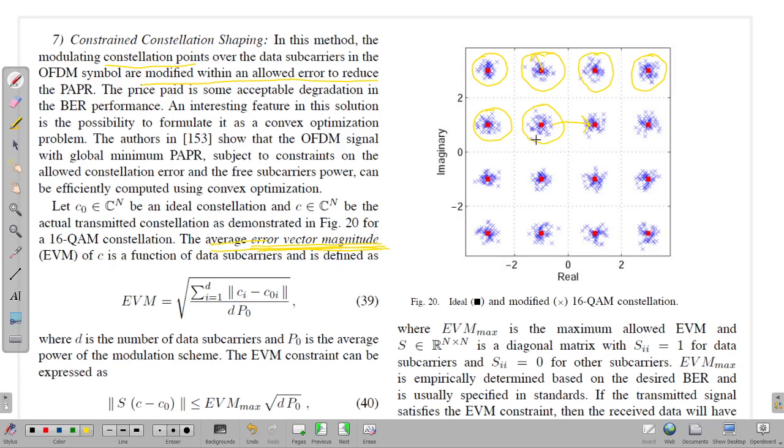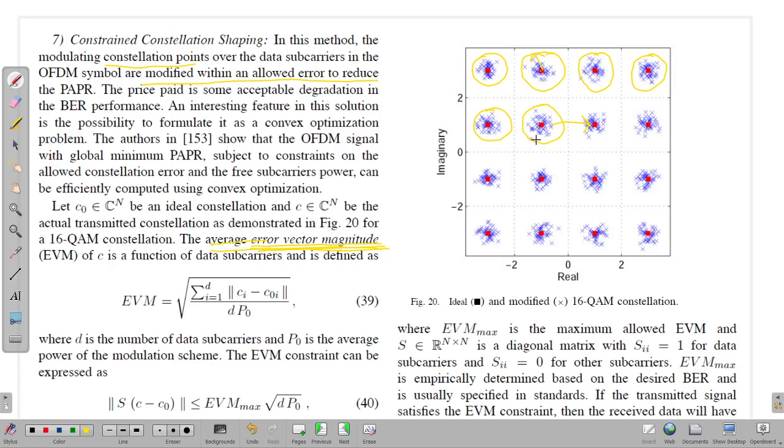Whereas in active constellation extension, only the corner points and the outward points had the freedom to be modified. But here in constrained constellation shaping, every symbol point in the constellation has the freedom to modify its value in order to adjust the PAPR, but within a particular error vector magnitude. You can also see that this method doesn't increase the average transmit power, because the variation is small.